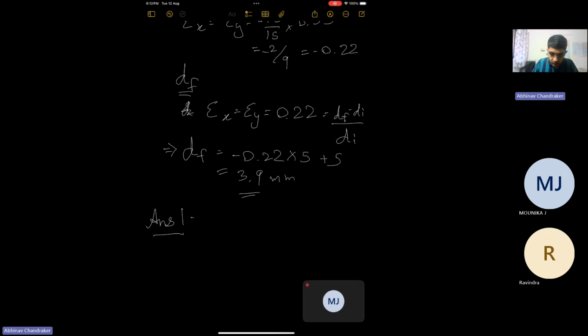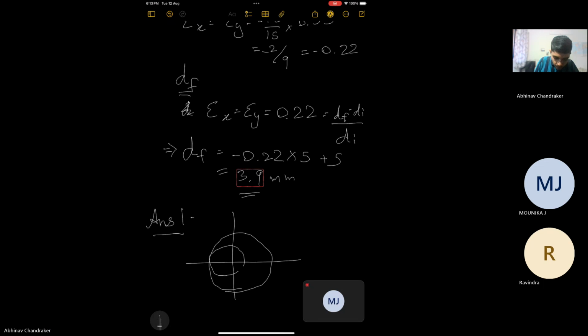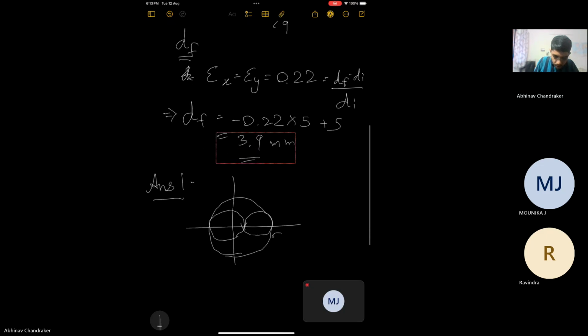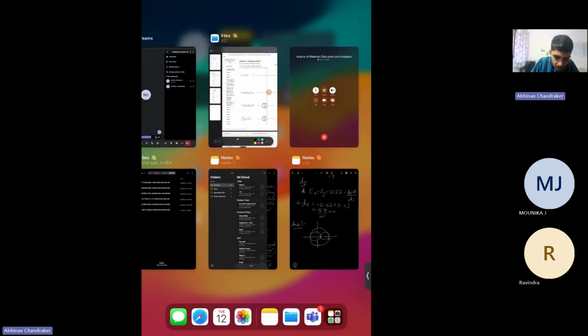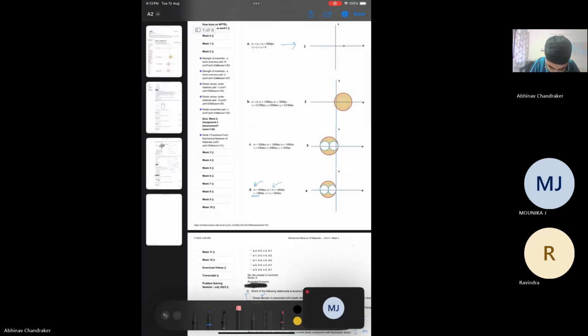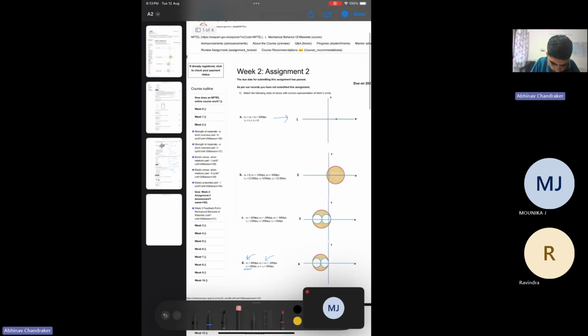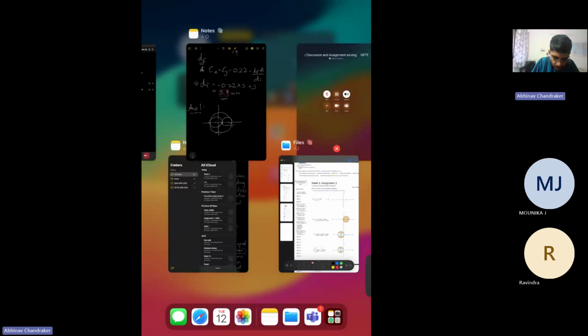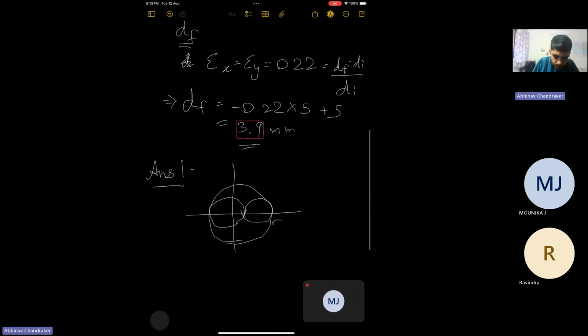How we will approach this now is that you will just make three circles, two inside one of them. Usually sigma 1 is the highest, that's the convention.